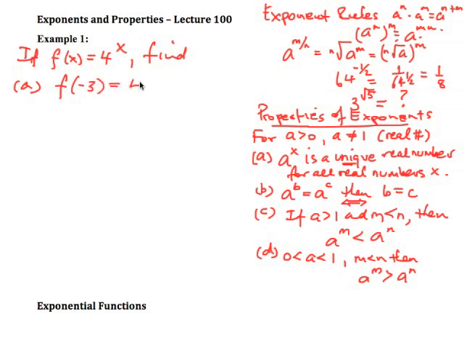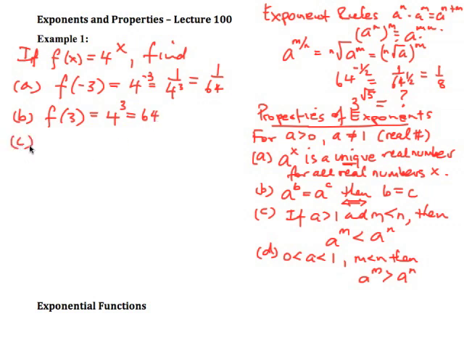Then this would be 4 to the negative 3, which of course is 1 over 4 to the 3. Now 4 to the 3 is 4 times 4 is 16, by 4 is 64, so I'd end up with 1 on 64. Let's do part B. Let's suppose I want to find f of 3. Then this would be 4 to the 3, which of course is clearly 64.